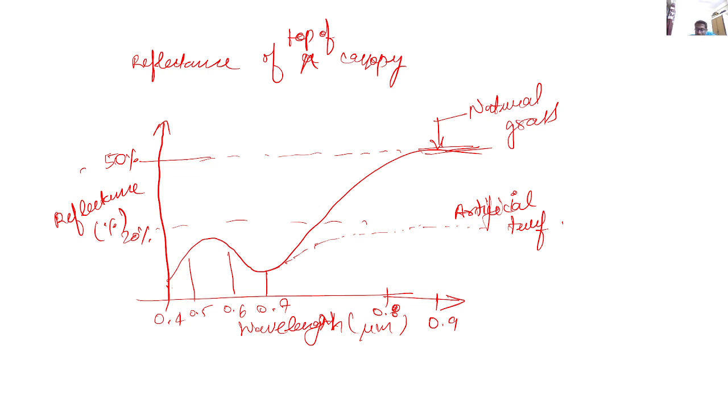This is how the vegetation reflectance curve looks like. You see that there is a huge slope. As we transition from the visible range to the near infrared range, it suddenly increases. The spectral reflectance curve suddenly increases within a very small deviation of the wavelength. This is something known as the red edge.